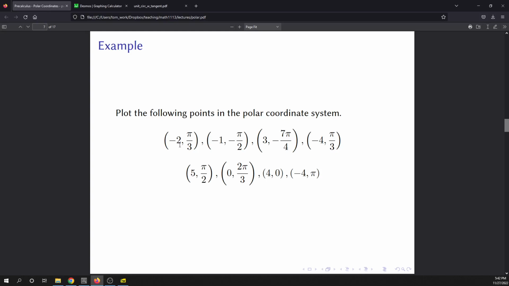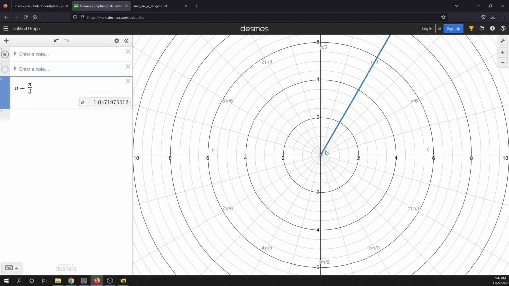Now, the first coordinate is -2. So now that you've got the angle set, you want to think about standing here at the origin and walking 2 units in this direction if it were positive. However, it's negative, so you want to walk in the opposite direction that the ray is pointing.